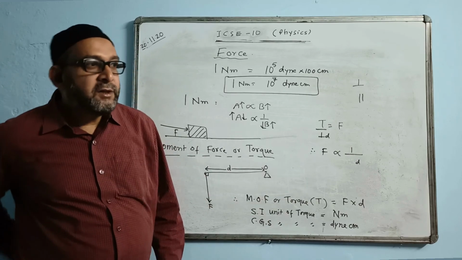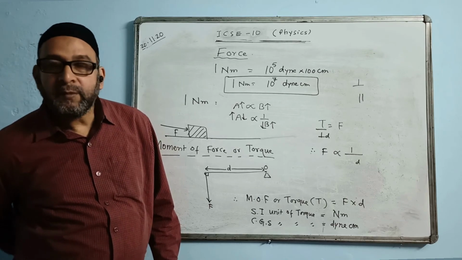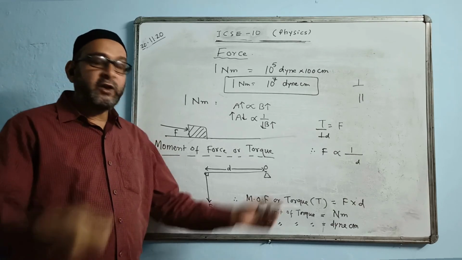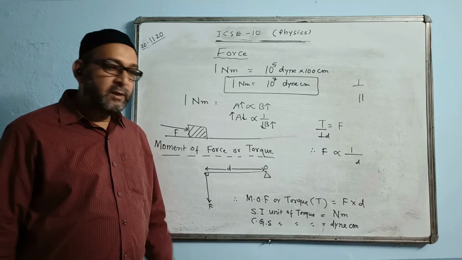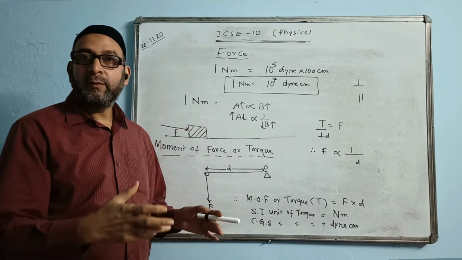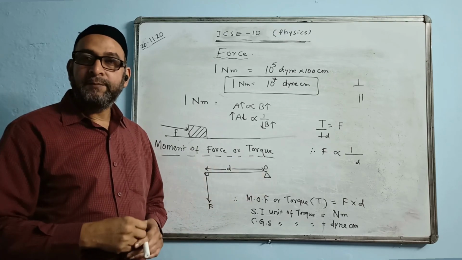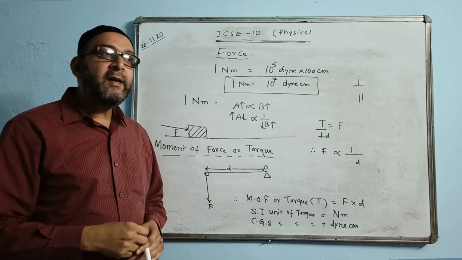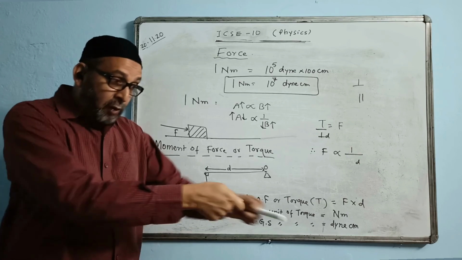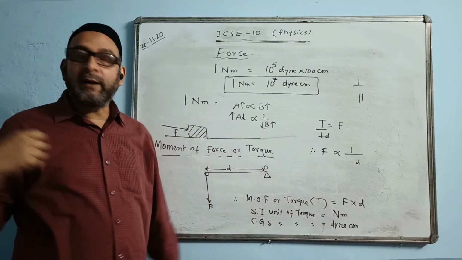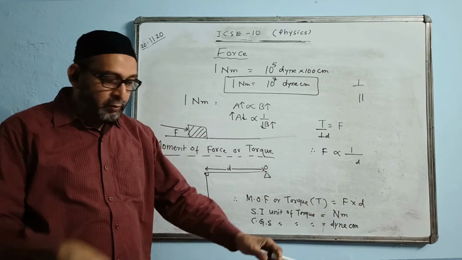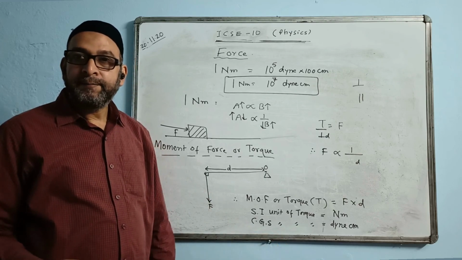You know, there is a jack, or we say jack screw, which is used to change the tire of a car when the tire gets punctured. Why is a jack screw provided with a long handle? There is a very long handle we use in order to turn the screw of the jack.